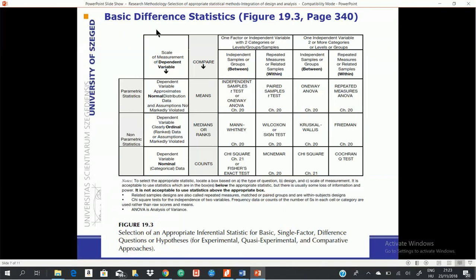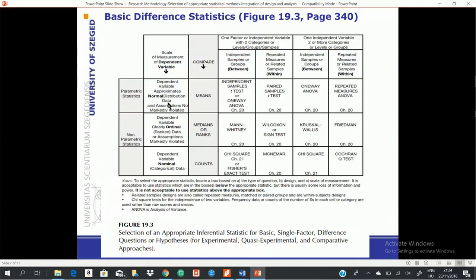We will learn the first column here. It's the scale of measurement of the dependent variable. To use parametric statistics, you have to fulfill all of the assumptions, meaning assumptions are not violated. It means you have a dependent variable with normally distributed data, and in some cases you have to fulfill homogeneity of variance.